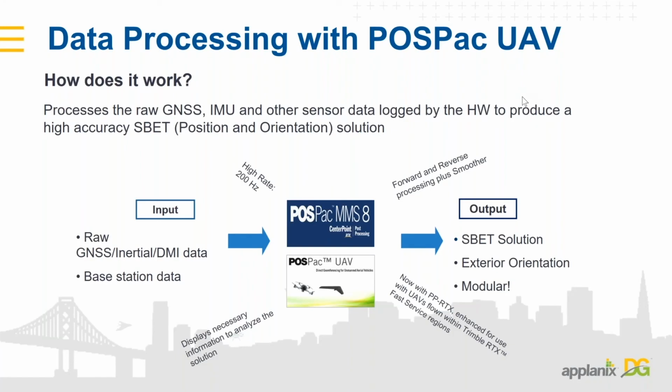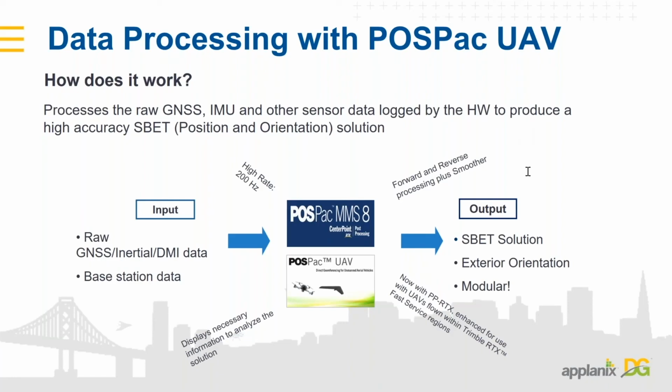Then we can apply our Kalman filter and our forward, reverse, and smoothing to obtain a smooth best estimate of trajectory. This is something that's very commonly used for LiDAR applications.